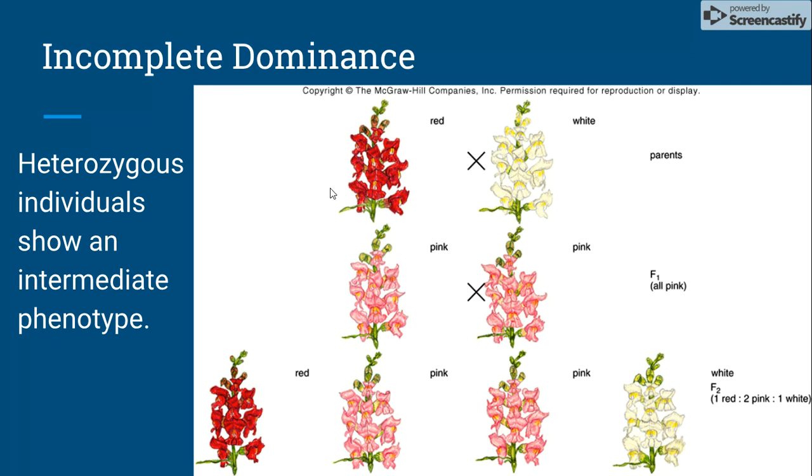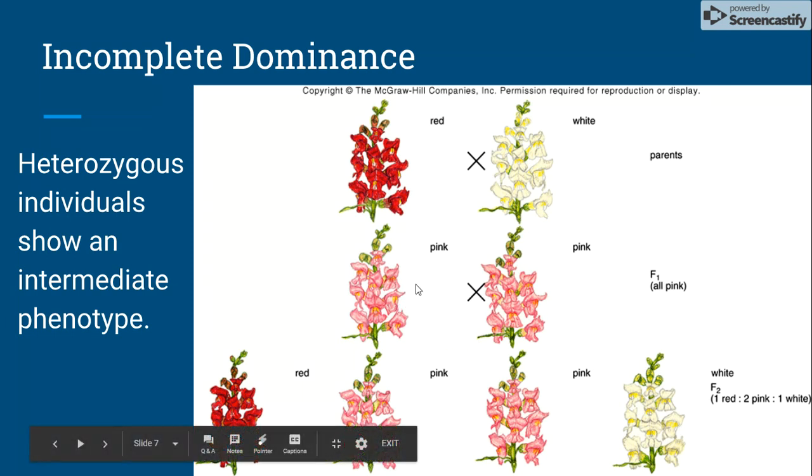So we would expect to see capital R when we look at their genotype. White is going to be represented by a different letter entirely because it's not going to be fully recessive. These are going to mix when we get down into our heterozygous individual.